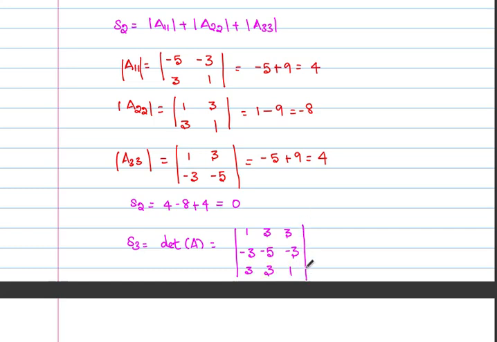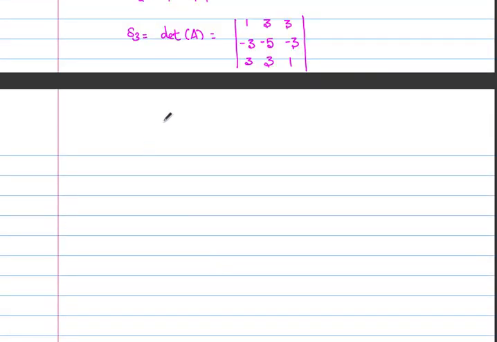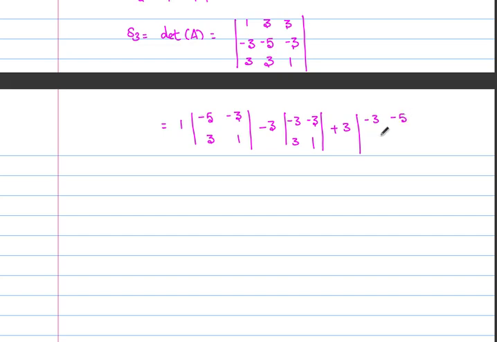This is our matrix A. I am going to find the determinant of A. This is equal to 1 times the determinant of minus 5, minus 3, 3, 1, minus 3 times the determinant of minus 3, minus 3, 3, 1, plus 3 times the determinant of minus 3, minus 5, 3, 3.